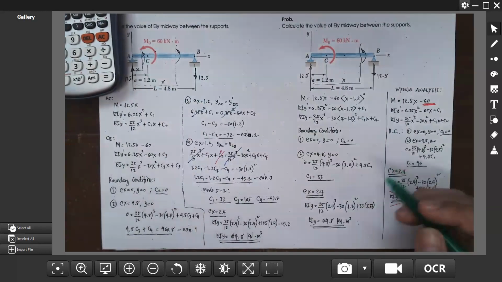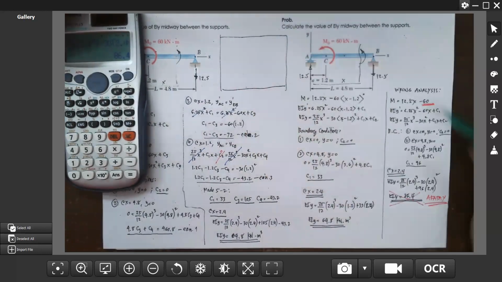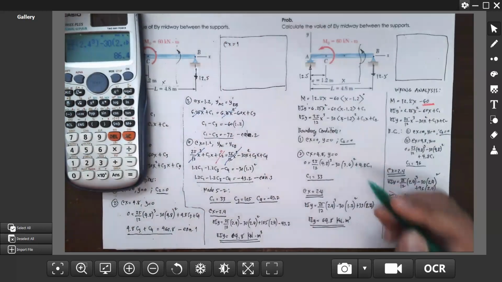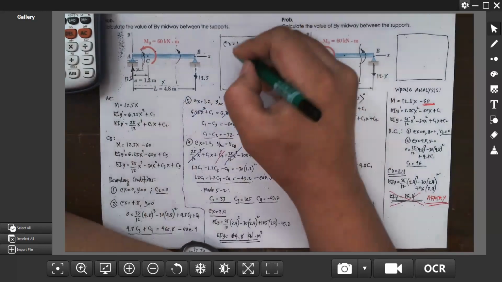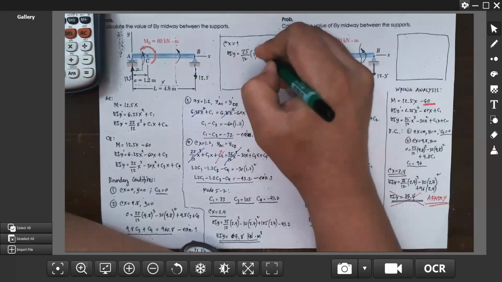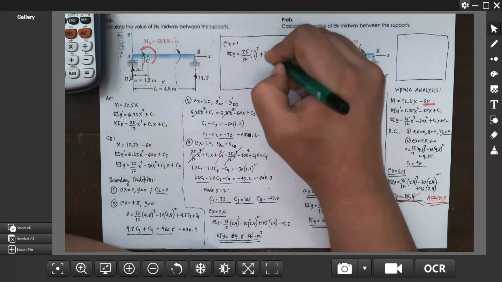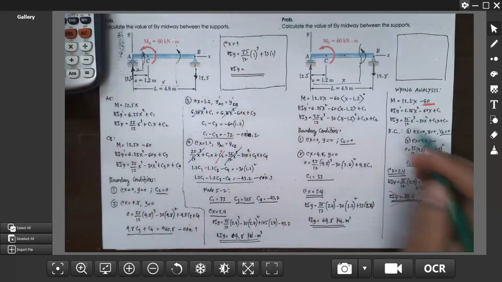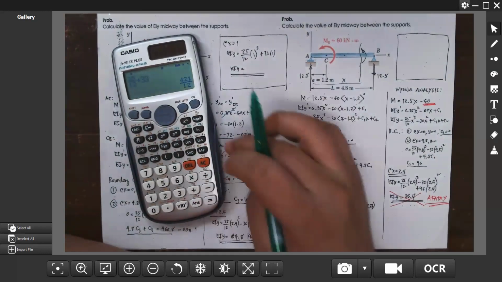Here, at x equals 1, it is easy. EIy equals 25 over 12 times 1 cubed plus C1, which is 33, times 1. So EIy is 25 over 12 times 1 plus 33.